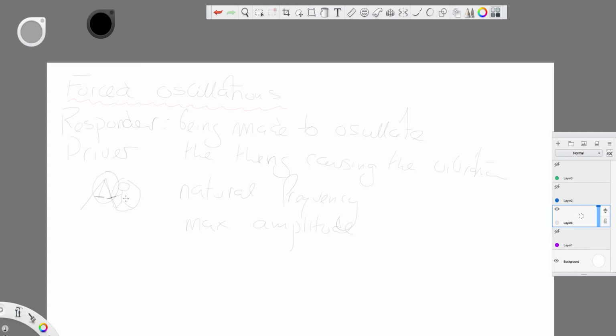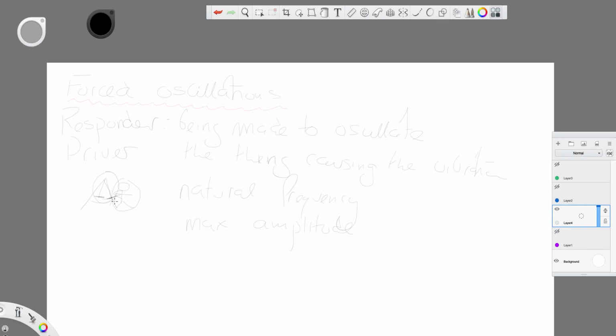You can imagine if you don't match your swing, and indeed you will know if you've ever done this, if you don't apply your force at the correct point, so let's say the swing is coming back, and before it gets back you push, then the effect of that will be to remove energy from the oscillating system and the swing will slow down.